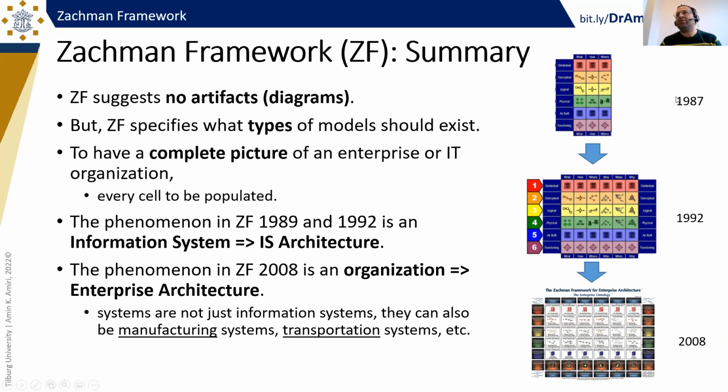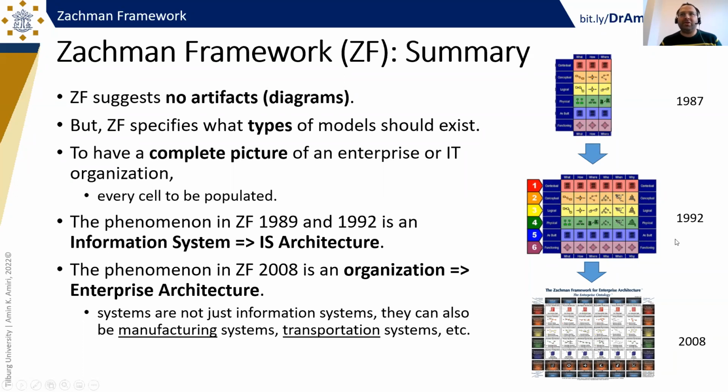So in 1987 and 1992, he called this framework IS architecture or IT architecture, because he thought that he could only use this framework to completely describe an information system.